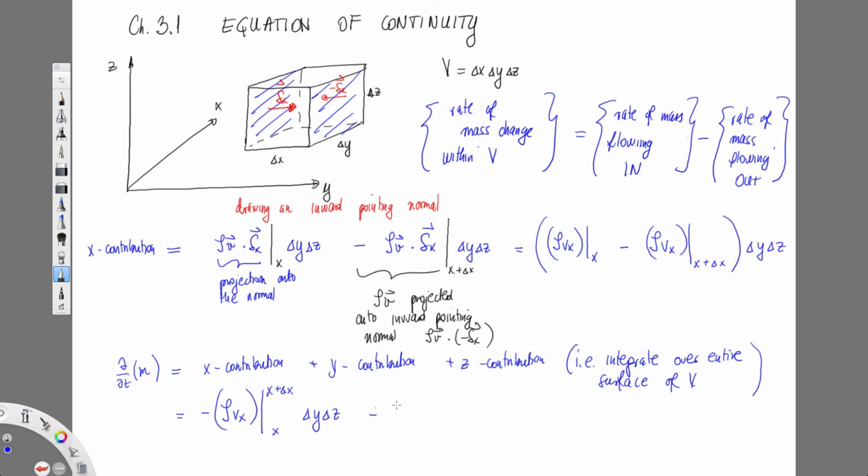So it's going to be minus, so when I project rho v onto y, it's going to be rho Vy evaluated at y and y plus delta y, and my area orthogonal to y direction is delta x, delta z, and minus rho Vz, z plus delta z, area orthogonal to z direction is delta x, delta y.